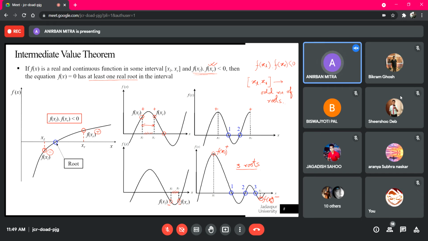That means there could be one root, could be 3, could be 5, but odd.